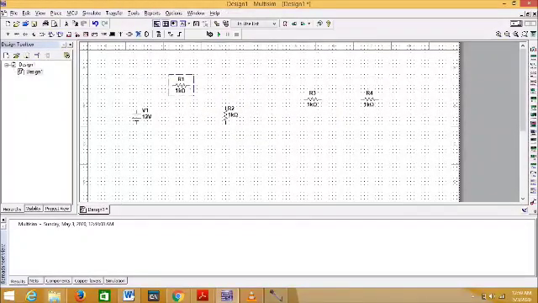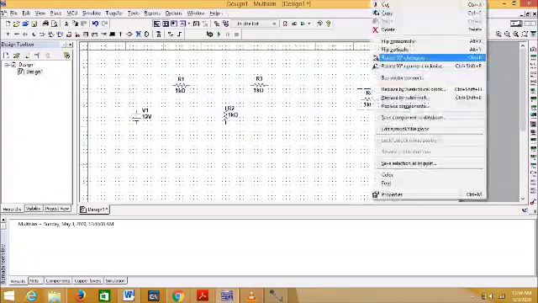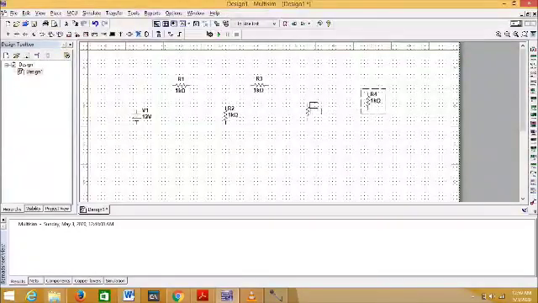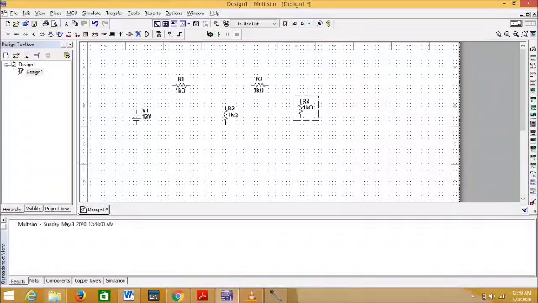This alone I'll be dragging like this. This has to be dragged here. This has to be rotated like this. Later I need to place this here like this. So the necessary connections have to be done.